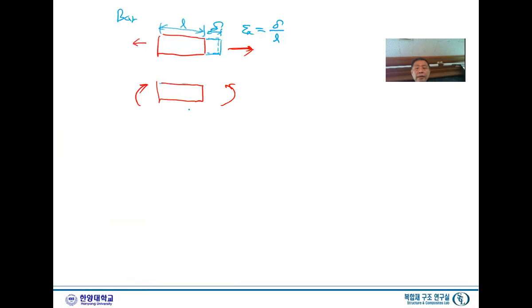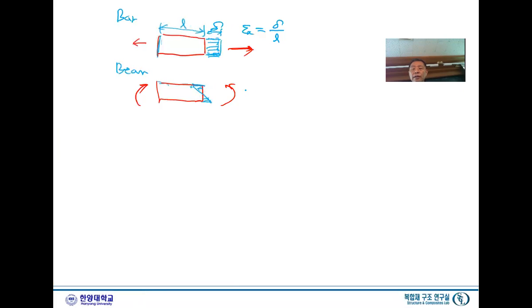But under bending, this top shrinks, with respect to, for example, a fixed end. Then this one is compression. And how about this bottom? Same as here, so we have tension and compression. Look at that. This is all uniform, but this is compression and tension. That is the biggest difference between bar and beam.